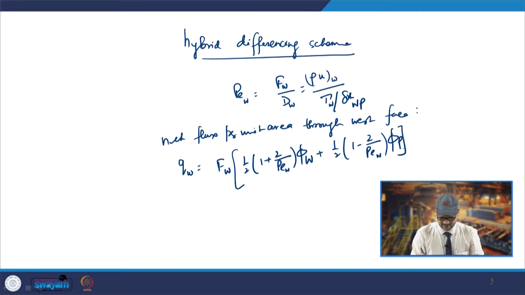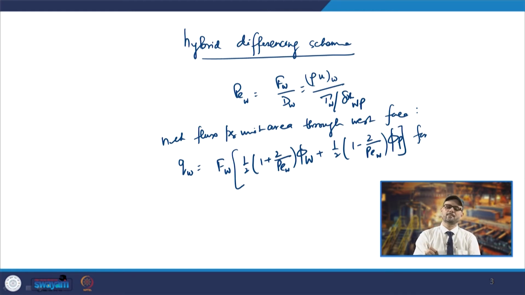This applies when the Peclet number varies between minus 2 to 2. In fact, what we have seen earlier while discussing the boundedness criteria related to the differencing schemes, for ensuring the coefficient aE to be positive, is that if the Peclet number, or F by D ratio, is more than 2, then the coefficient is likely to be negative.